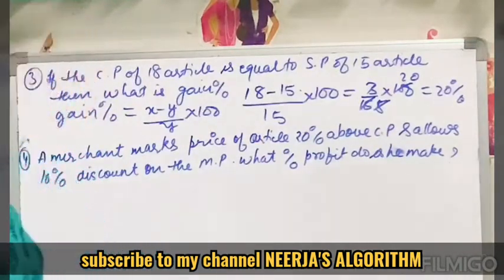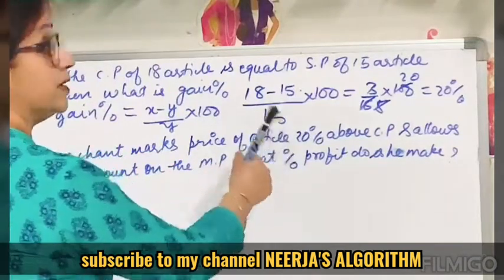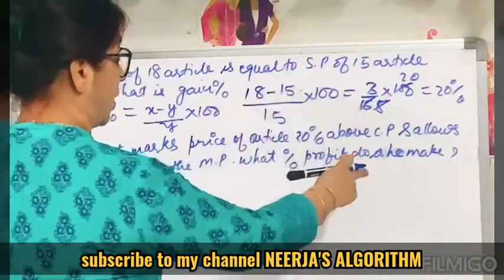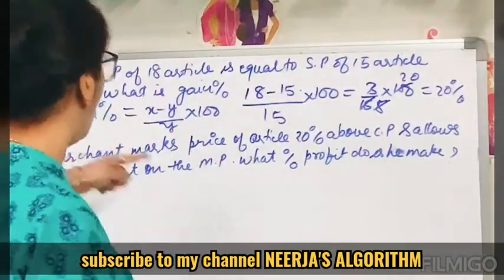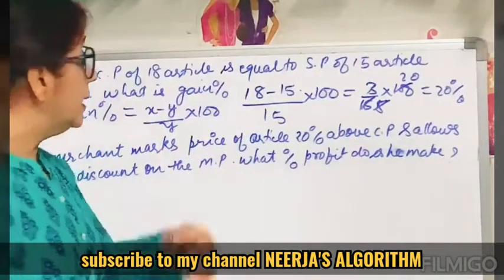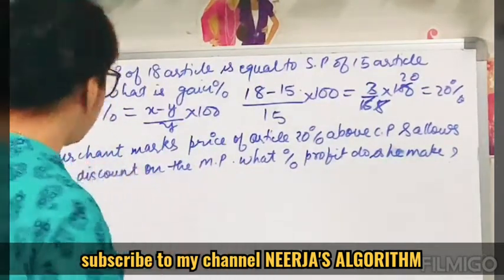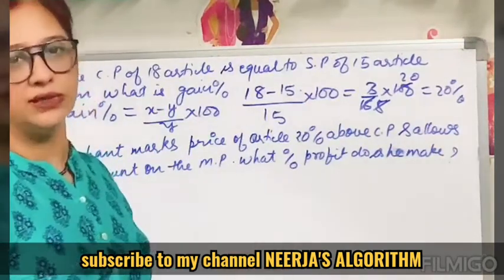Come to the fourth question. A merchant marks the price of the article 20% above the cost price and allows a 10% discount on the marked price. What profit percent does he make? When we read the question, so many things come and so many formulas we can get.